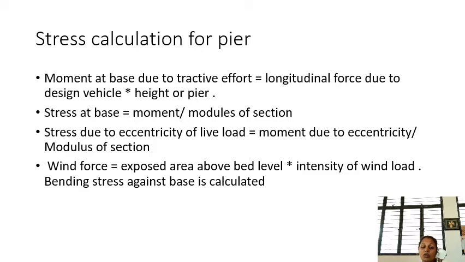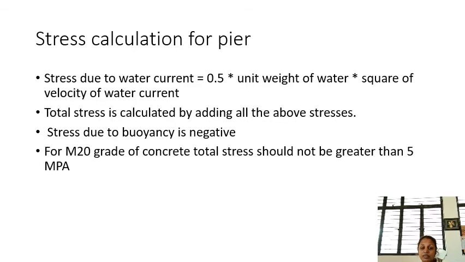Wind force also should be considered, because of the height of the structure, the wind exerts some forces. The exposed area above the bed level times the intensity of the wind load will give you the wind force. All these bending stresses should be calculated at the base. With the base as a reference, we should calculate not only the wind forces but also the stresses induced due to water current.